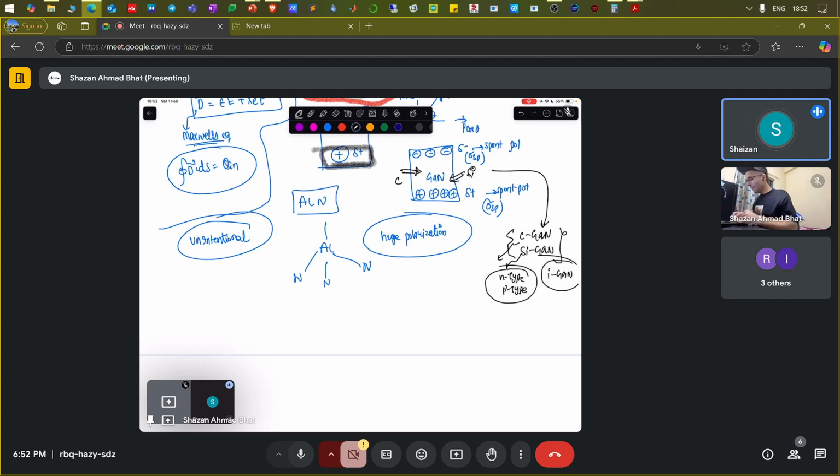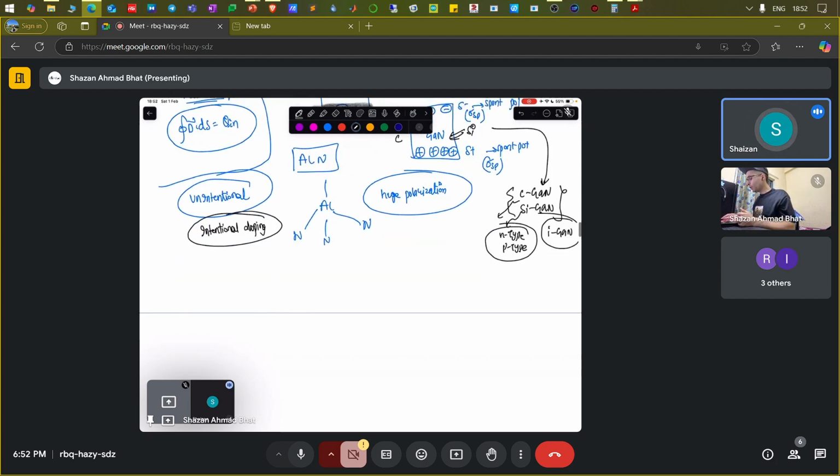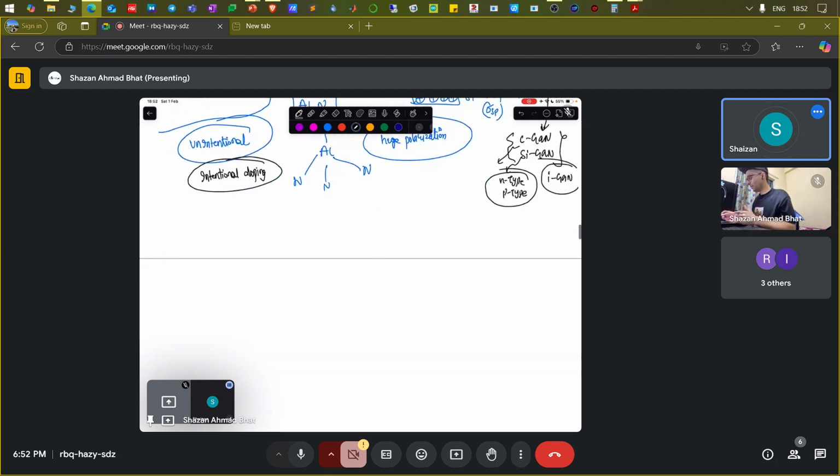The other thing is intentional doping. Intentional means you dope it by intention with something in order to make it more N-type or more P-type. That is something different, and you can do that here also. But mostly what you do is something called alloying.